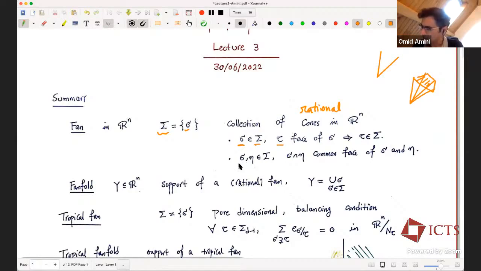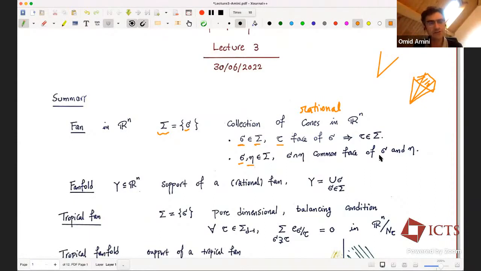And if you take 2 elements among the cones in your fan, then their intersection is a common face of Sigma and Eta. So if you have 2 cones, Sigma and Eta, the intersection is a common face. So by the first property, this common face should belong to the fan.